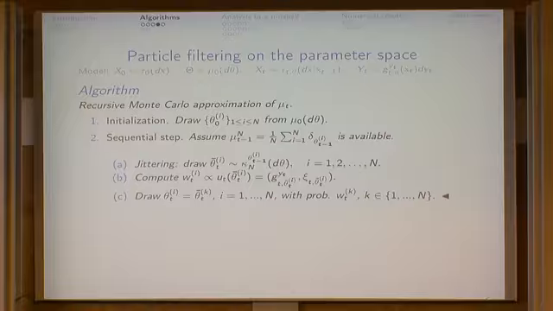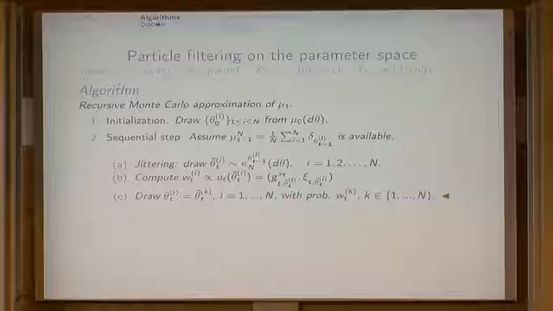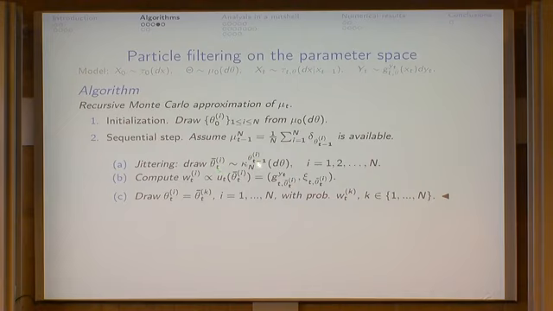What I'm doing here is that I don't have a transition kernel, so I'm going to invent another kernel, anything basically, that I use to jitter my samples in the parameter space a little bit. So I will impose conditions on that, but for the moment it's just some kernel.